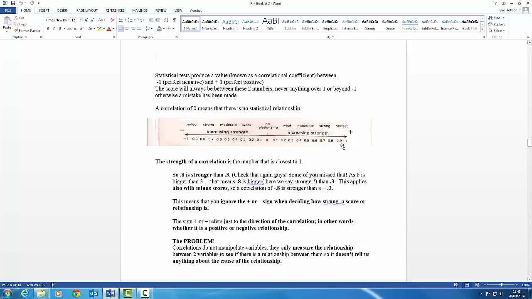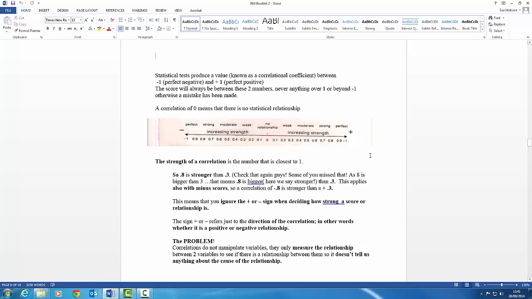So there's our 0, there's our 1, and effectively it's between a -1 and a +1. If you ever got a score that was something crazy like 2.63, that means an error has been made with the calculation. It is wrong. It has to be. The way the calculation is set up, it has to be between -1 and +1. So one of these numbers.